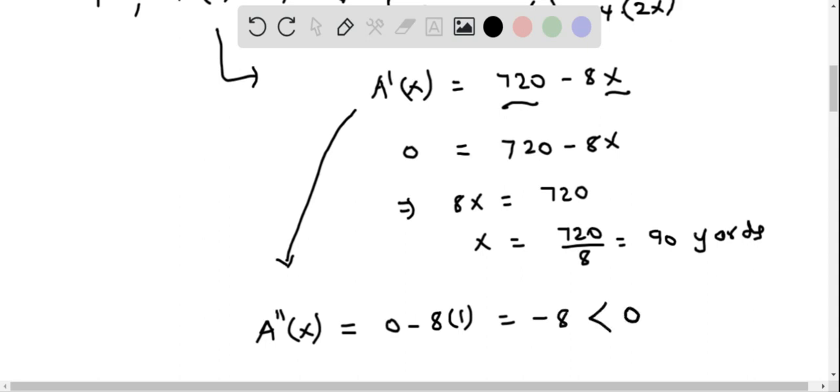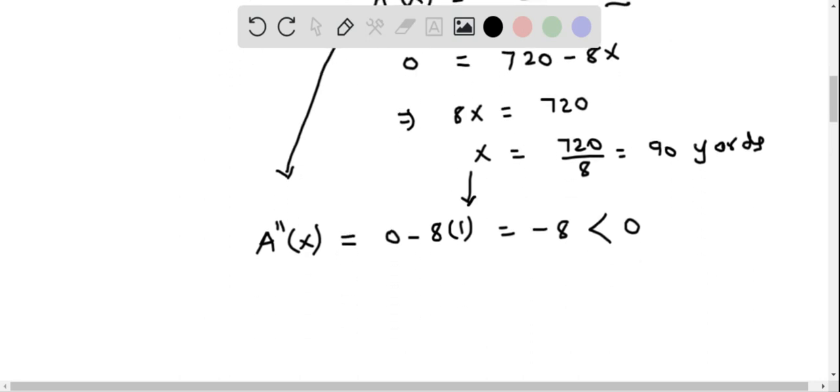So there is no way that we can plug this critical point into this function. Even if we plug in, it's always going to be negative. So according to the second derivative test, if the second derivative is less than 0, it is a point of maxima. So it is a point of maximum.